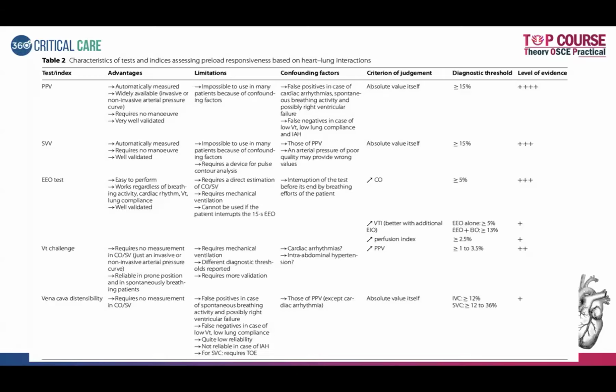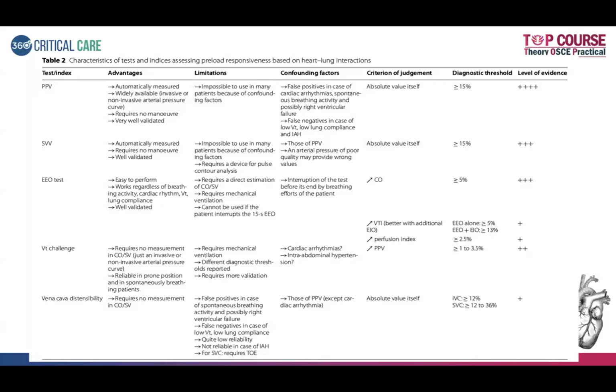There is a test called the end expiratory occlusion test, one of the modified fluid challenge tests, where you assess the change in the cardiac output. If there is a change of more than or equal to 5%, then the patient is fluid responsive. Coming on to the tidal volume challenge. For example, the patient is on 6 ml per kg of tidal volume.